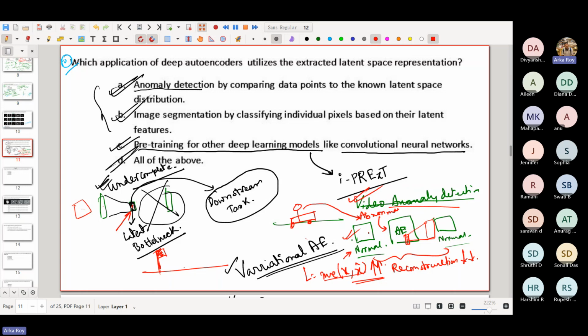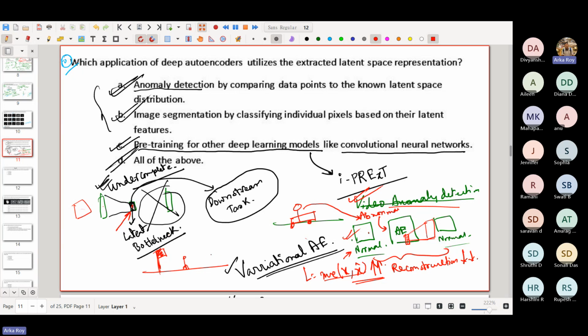In most cases there will be no traffic rule violation kind of things, because normal people will go there and probably walk through this road. If the training data comprises only the normal signal, you are training the model using normal signals only.